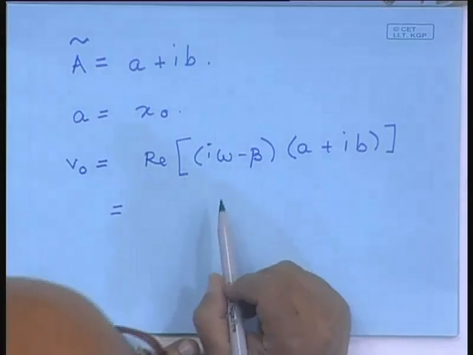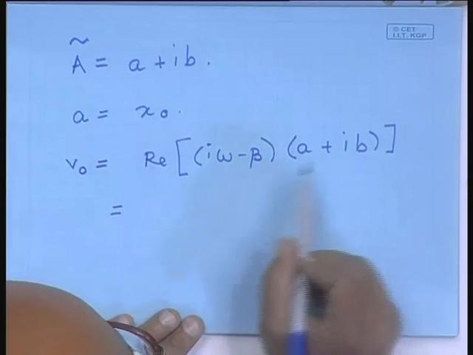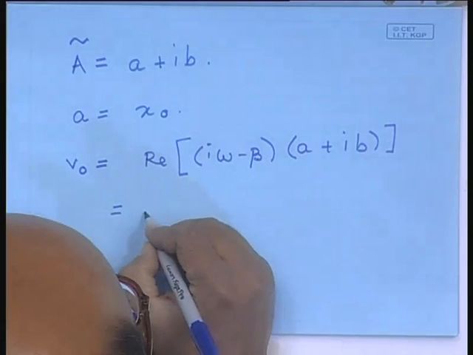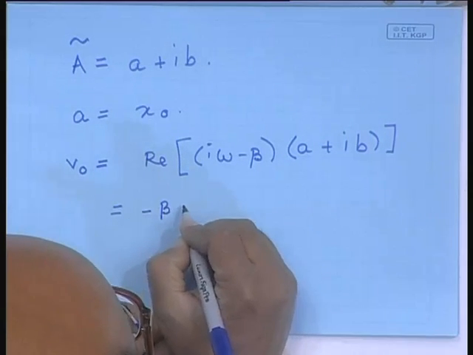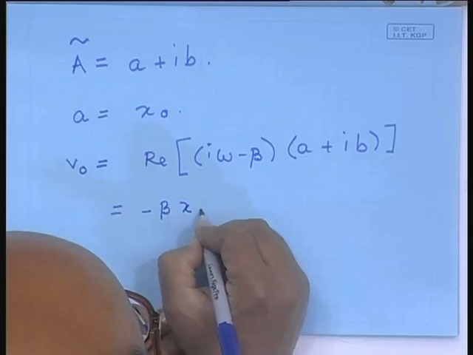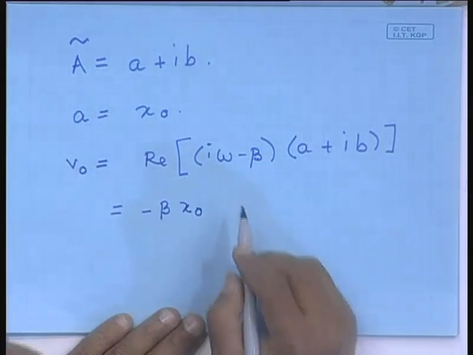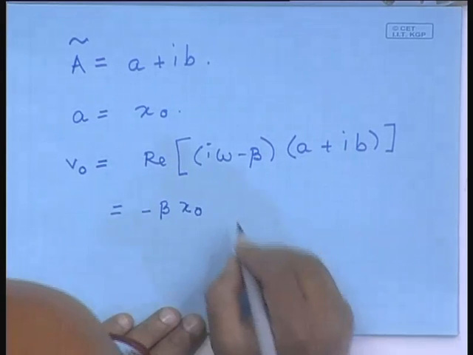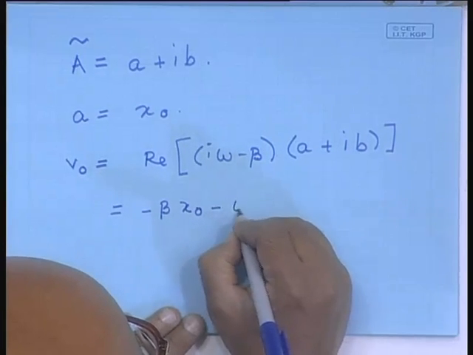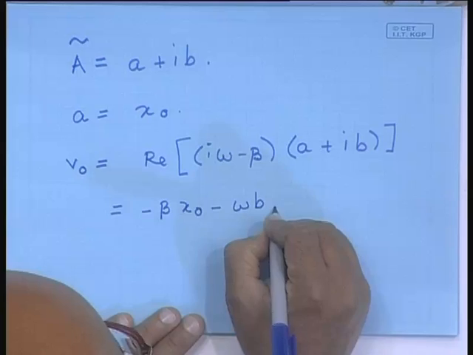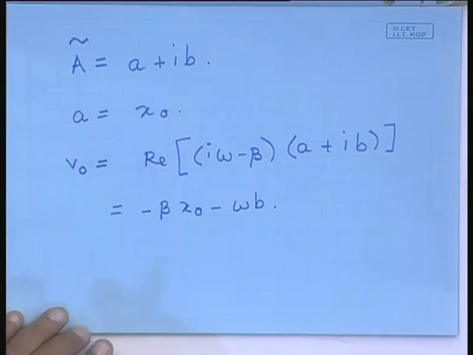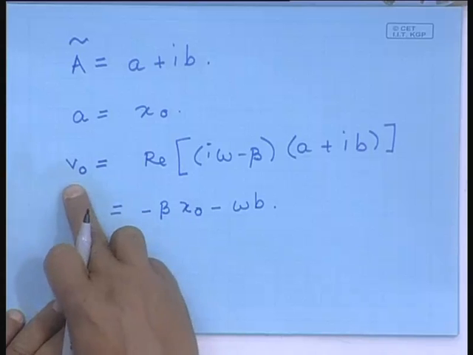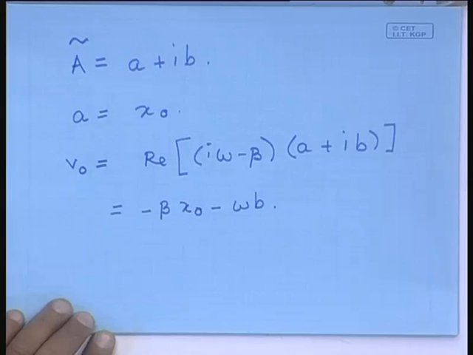There will be two contributions to the real part. The first contribution is minus beta into A. A we already know is x naught. And the other part is i omega into i B, that gives us minus omega B. We have to now obtain an expression for B in terms of v naught and x naught.